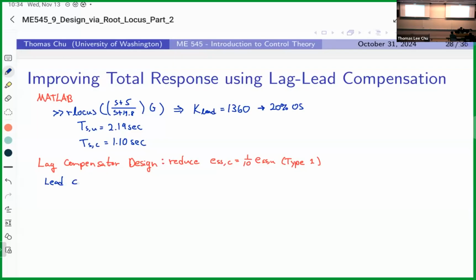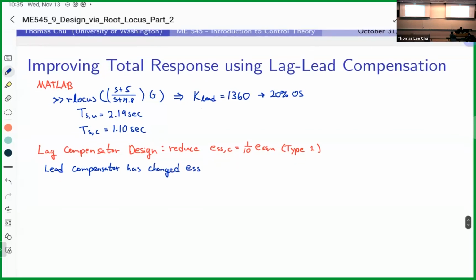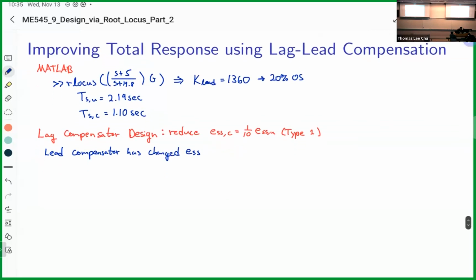So we need to calculate the steady state error of the lead compensated system. The lead compensator has changed ESS, where ESSU of the uncompensated system is going to be 1 over KVU.